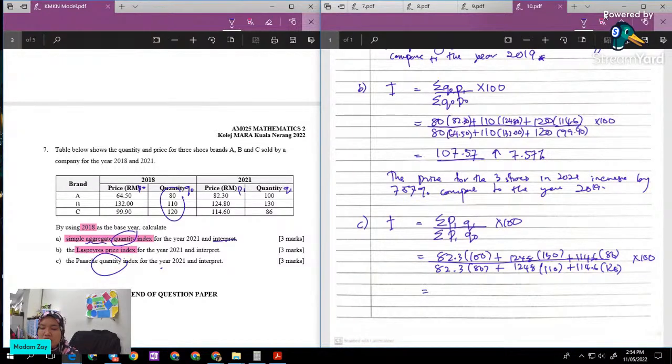So, tekan kalkulator, dapat jawapan, interpret. Aiyo. Penat lah tulis benda ni. Tapi itulah biasanya saya buat ni. Dapat jawapan.